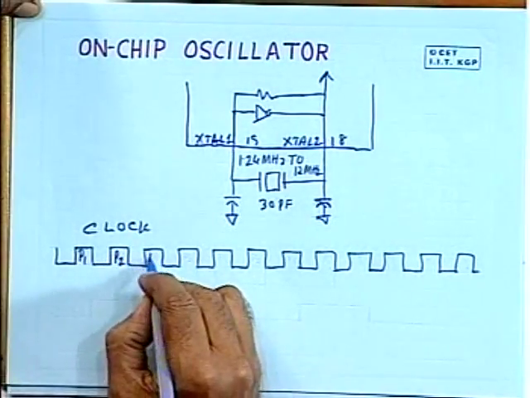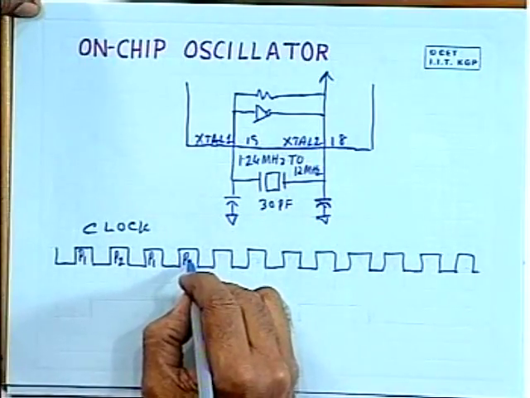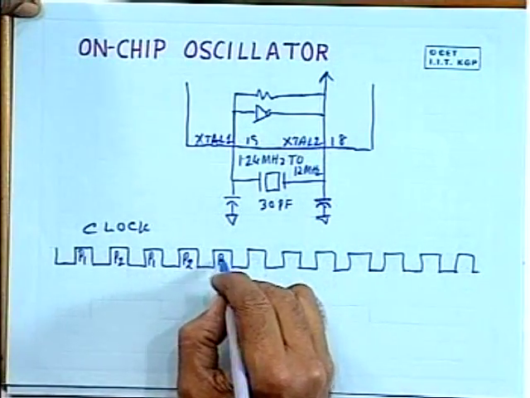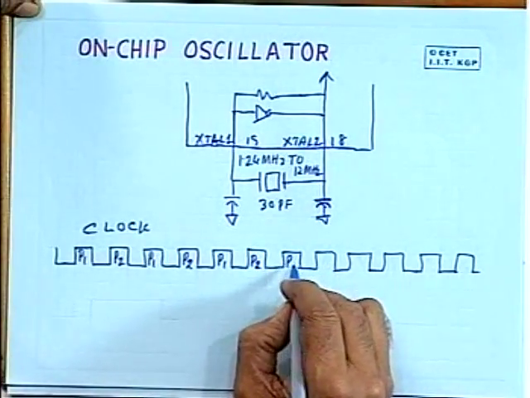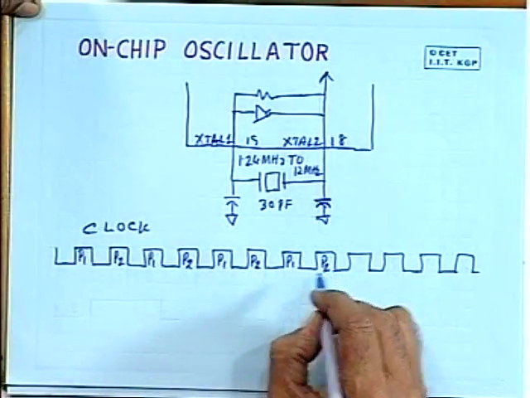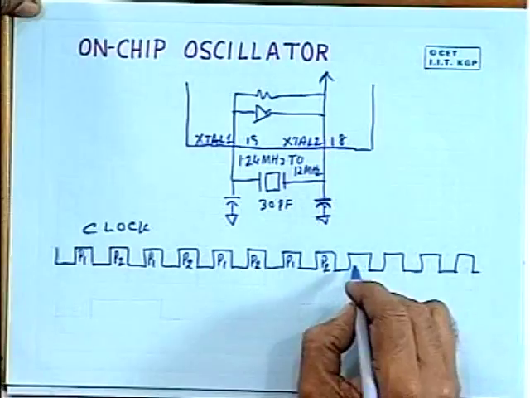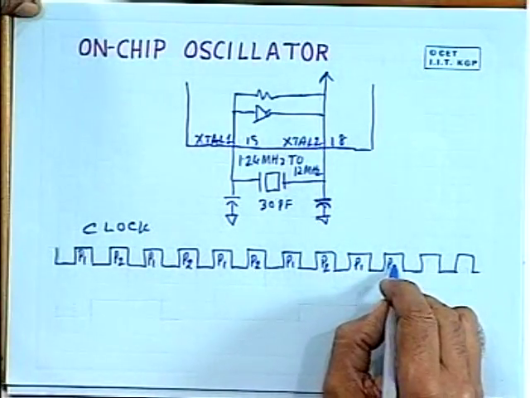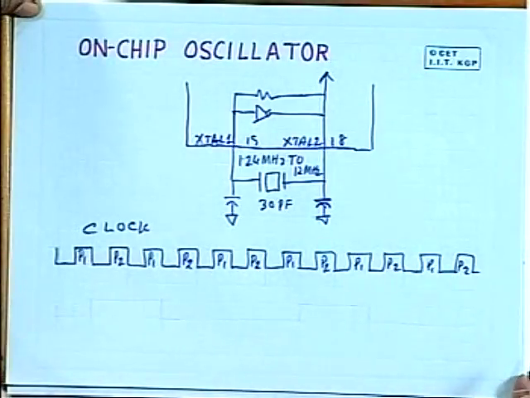These are the two phases of the clock. Inside the chip, it operates on two phases. We have already seen that a two-phase clock is useful for operation of the circuitry, and a two-phase clock is used here. So this is phase 1, this is phase 2, and so on. So alternately P1, P2, P1, P2. So this is how the clock is generated.